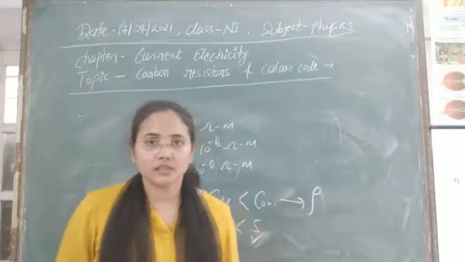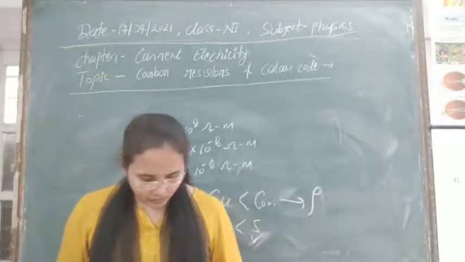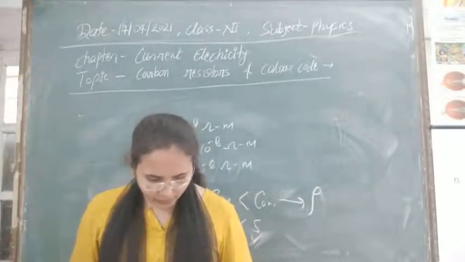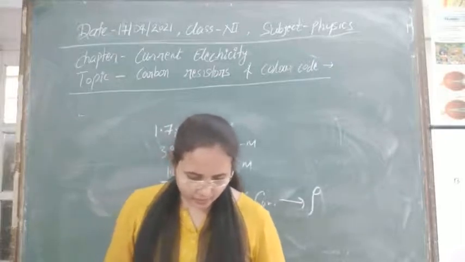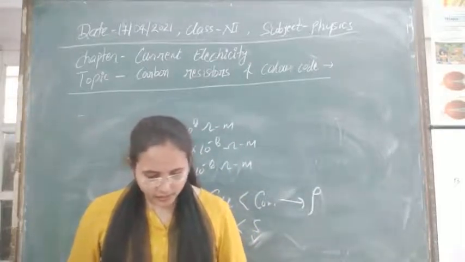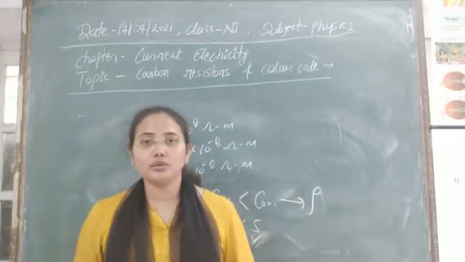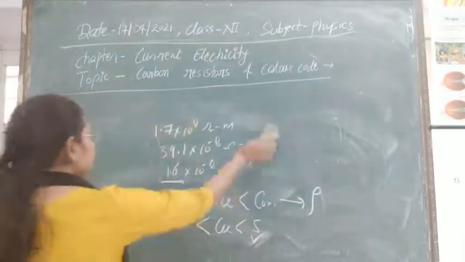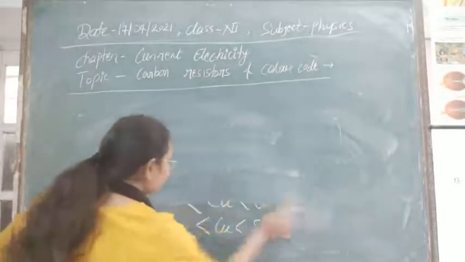The next question is: two wires A and B of the same metal have the same area of cross section and have their lengths in the ratio 2:1. Let's first write the data given to us.